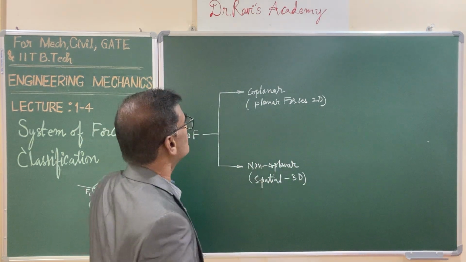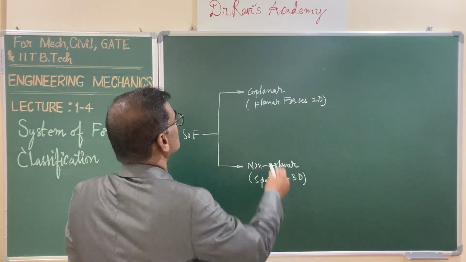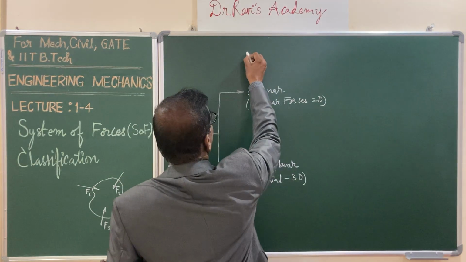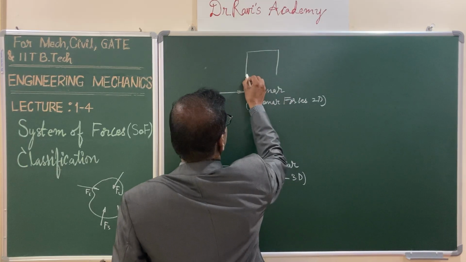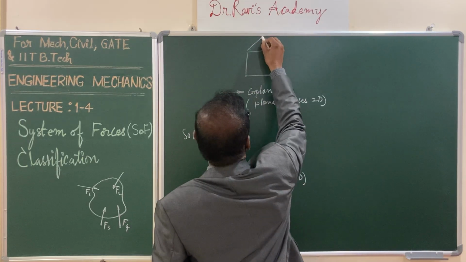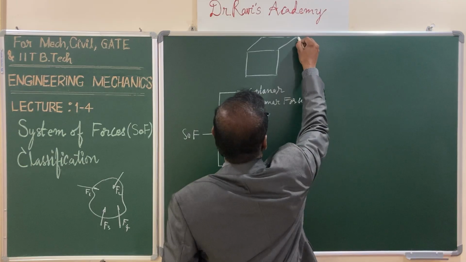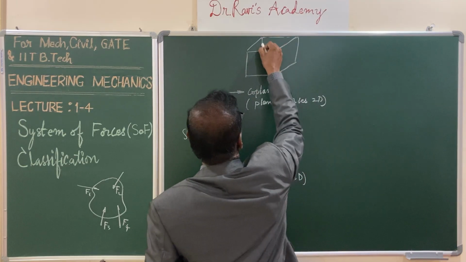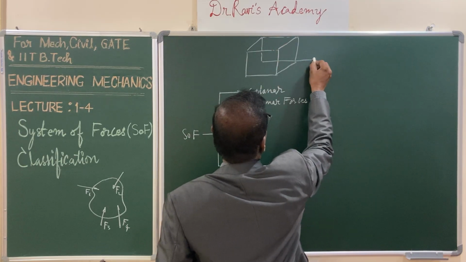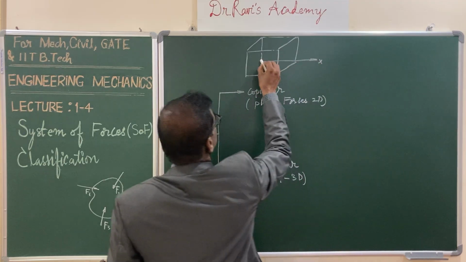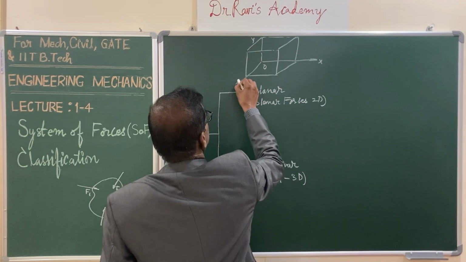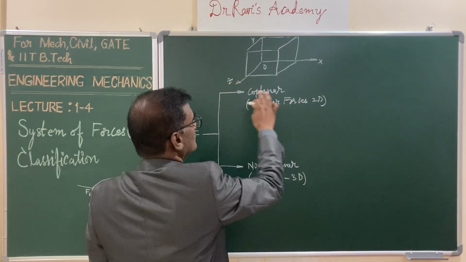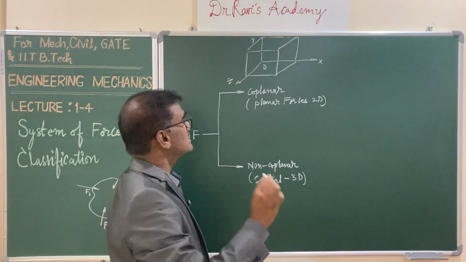Let us understand what is meant by coplanar. I am representing coplanar in a geometric space. Let us consider a three-dimensional space in which this is my x-axis, origin, y, and this is z. All the forces are lying in a single plane.